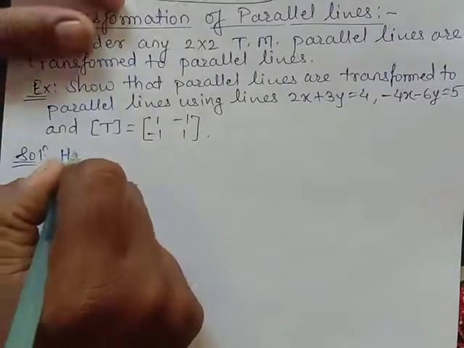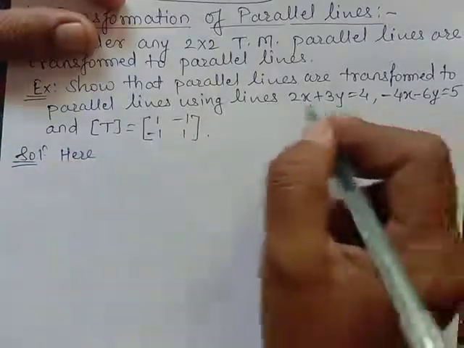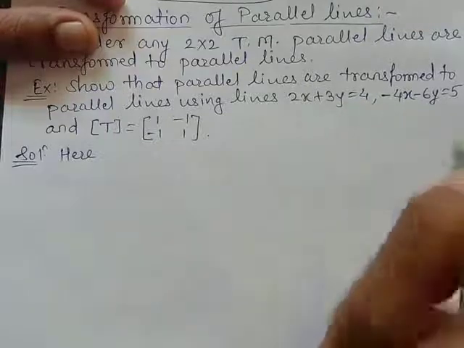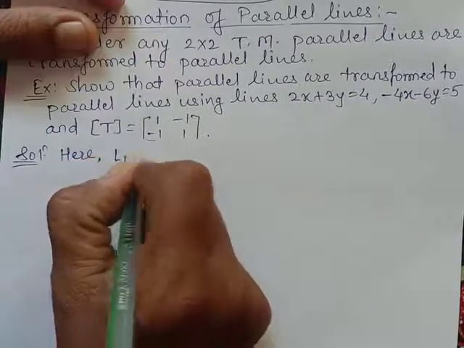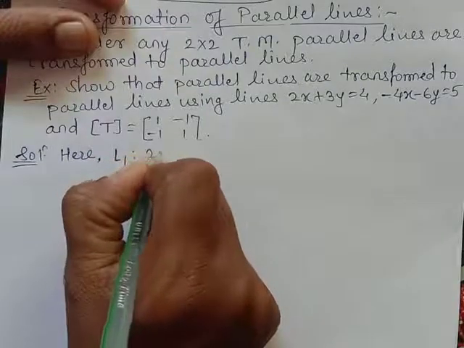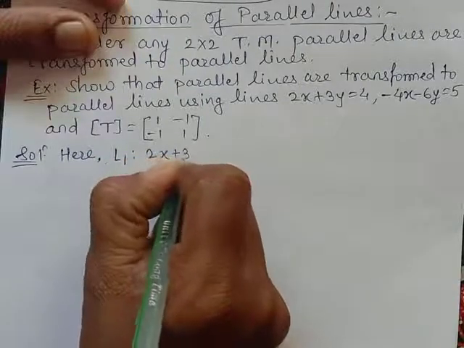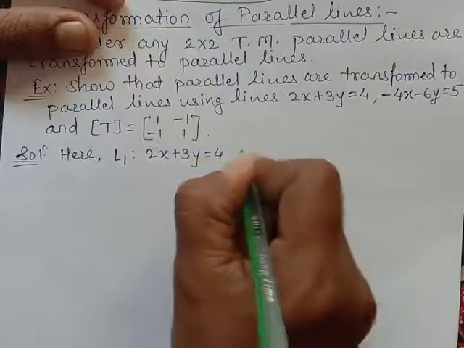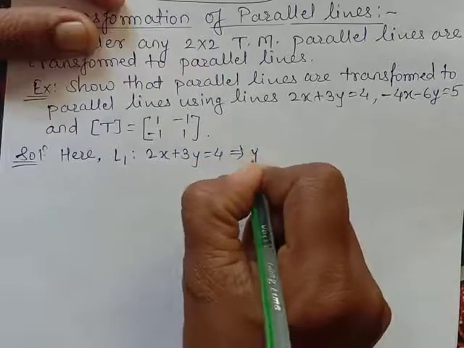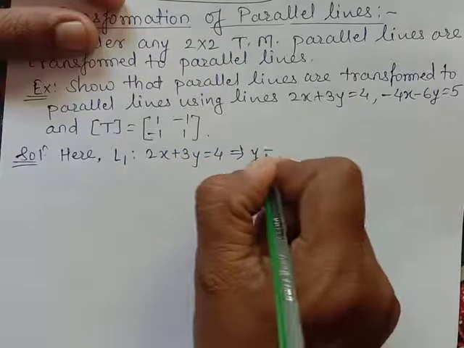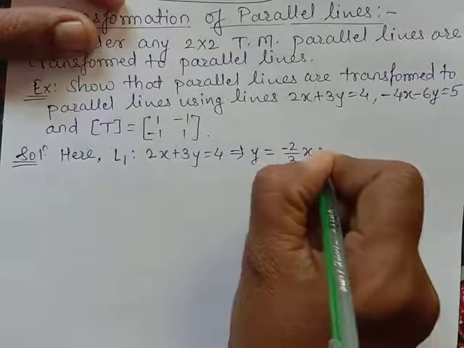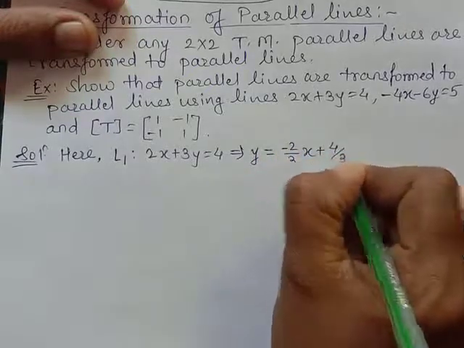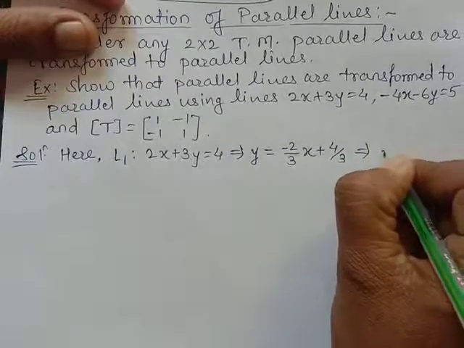Here two lines are given. Let's check first of all, are they parallel to each other or not. Let L1 be the line 2x plus 3y equal to 4. This can be written as y equal to minus 2 by 3 x plus 4 by 3. So this gives the slope of this line.